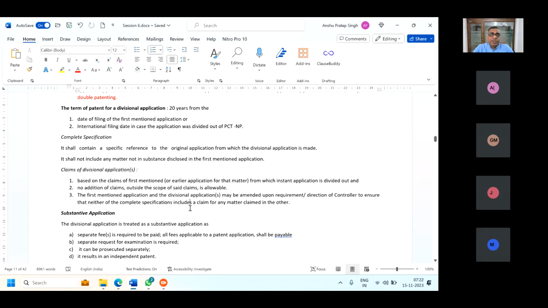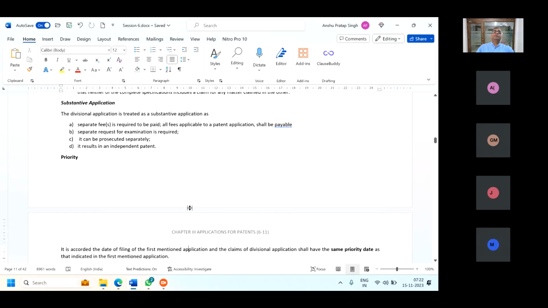A separate request for examination is made for this, and it can be prosecuted separately. It results in an independent patent. That means if you have bifurcated, there can be a situation where the first mentioned application is not granted, but the divisional application is granted. So the non-grant of the first application will not affect the divisional application.